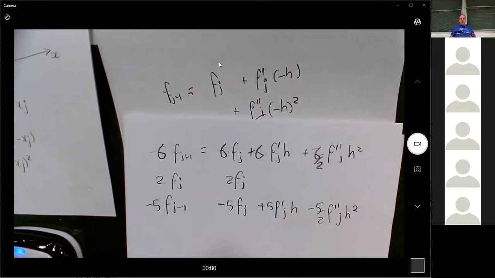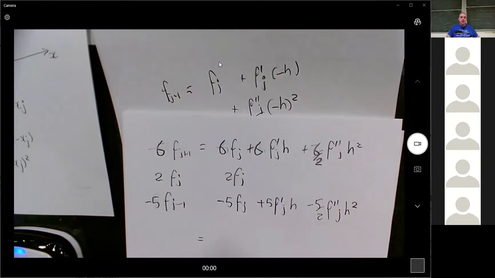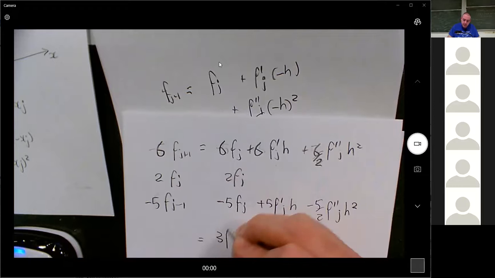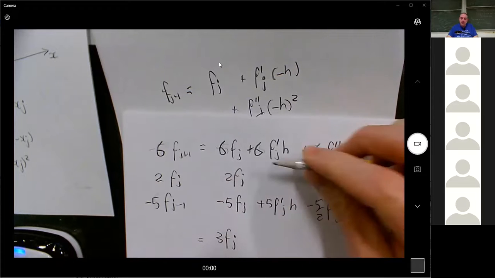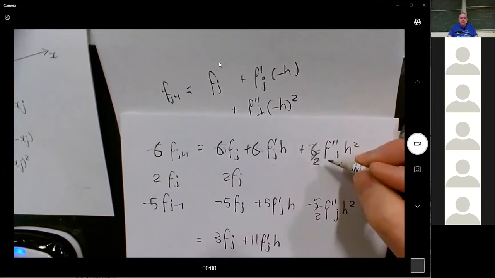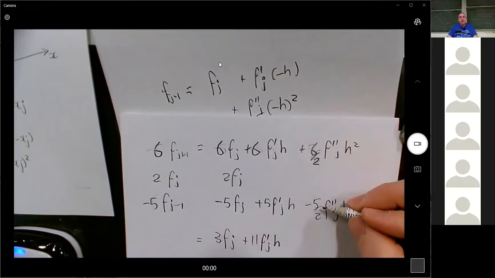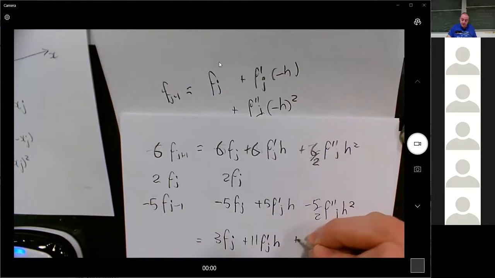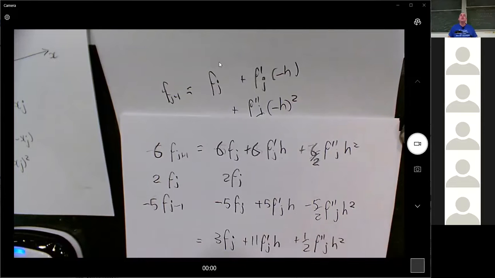And so if I add all these together, I've got 6 plus 2 minus 5, which is 3, because 8 minus 5 is 3. And I've got 6 plus 5, which is 11. And I've got 6 on 2 minus 5 on 2, which would be 1 on 2. So that's what that works out to.